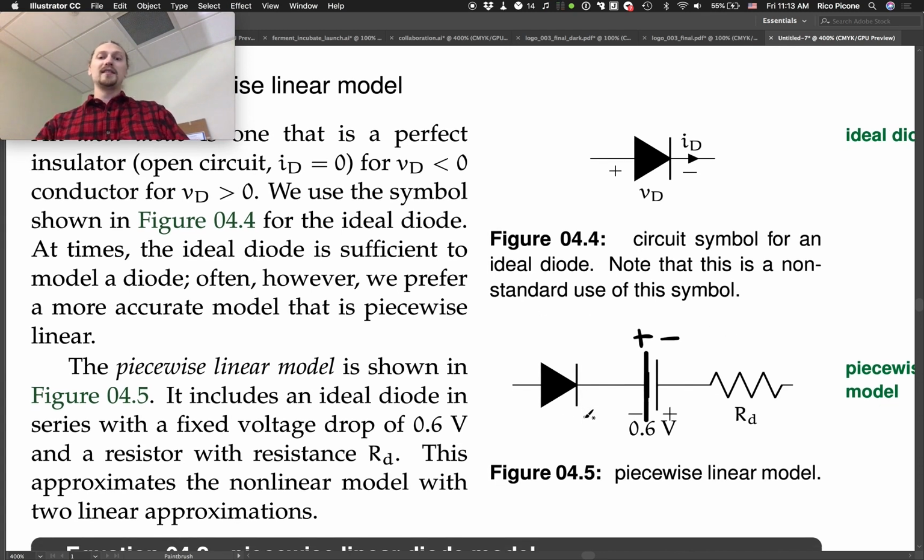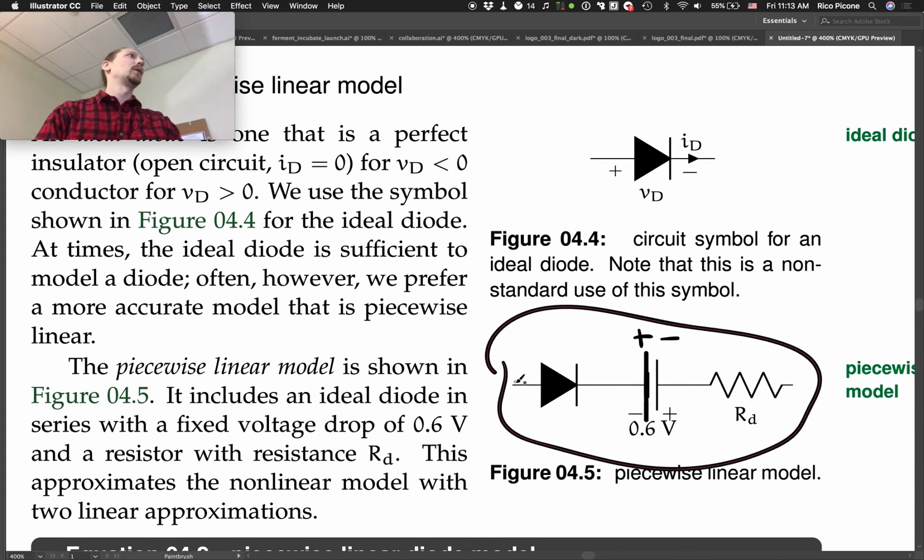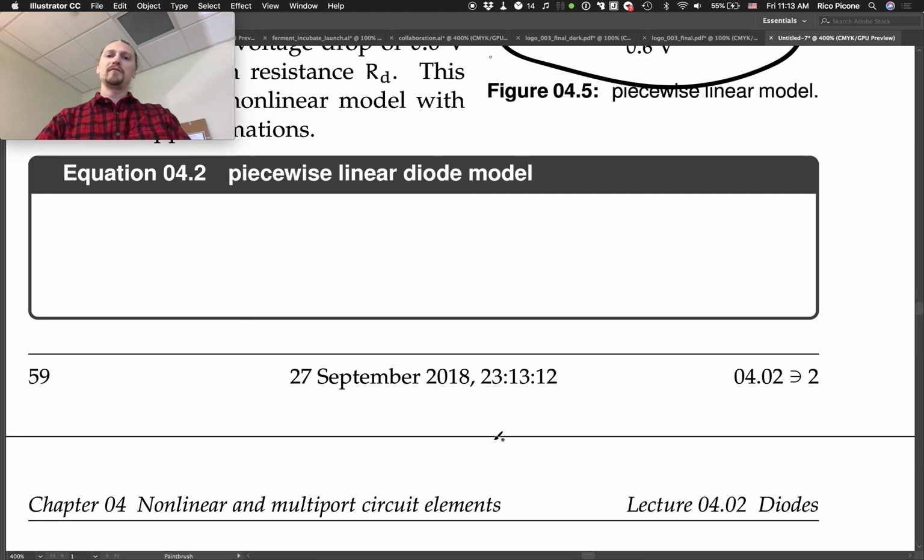We're going to take this piecewise linear model and plop it into the circuit where that diode is. That's our plan.